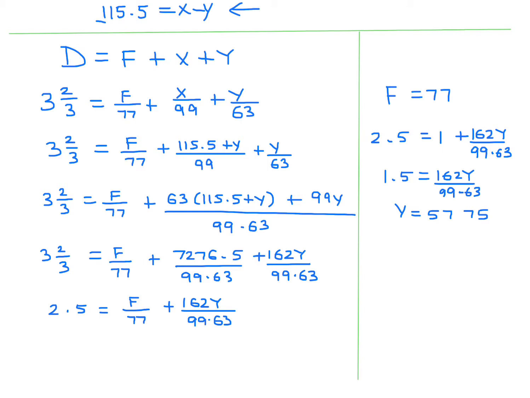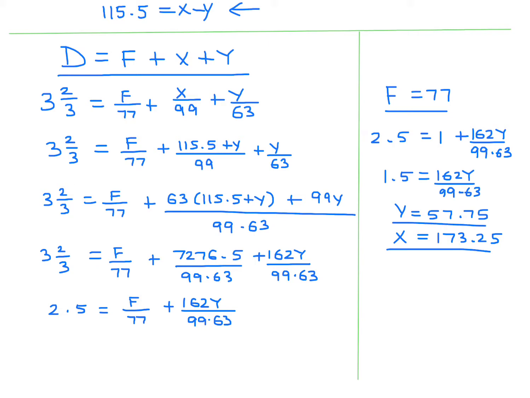And now, I kept this in the screen for a reason. We can use that to figure out x, and when you plug y into there, you get x is equal to 173.25. All right, well, now I can go back and figure out what is d. d is f plus x plus y. This is f, this is x, and this is y.